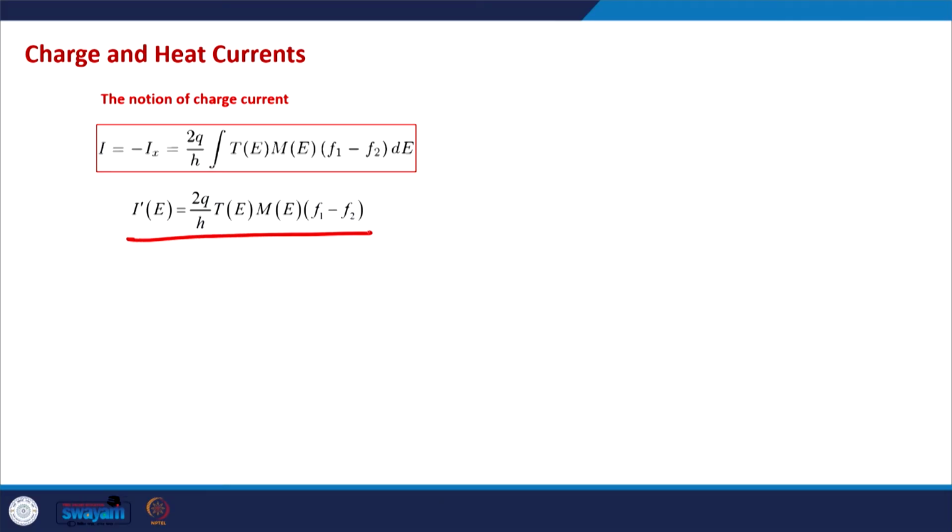So that's what we need to define. The current at a particular energy is given by this value, just by removing the integral, and without Q, this is the number of particles flowing at a certain energy E. If we put Q here, it becomes the charge current. Okay.